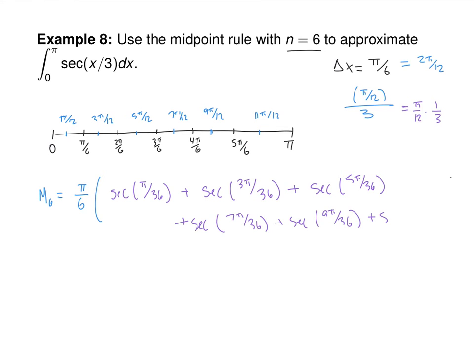No, secant of 11 pi over 36. You could, of course, reduce the ones that reduce, and to plug in a calculator, you probably have to use secant as 1 over cosine, because most calculators lack a secant button. Also, make sure you're in radians. Okay, so just a couple things to watch out for. You should get about 3.938.